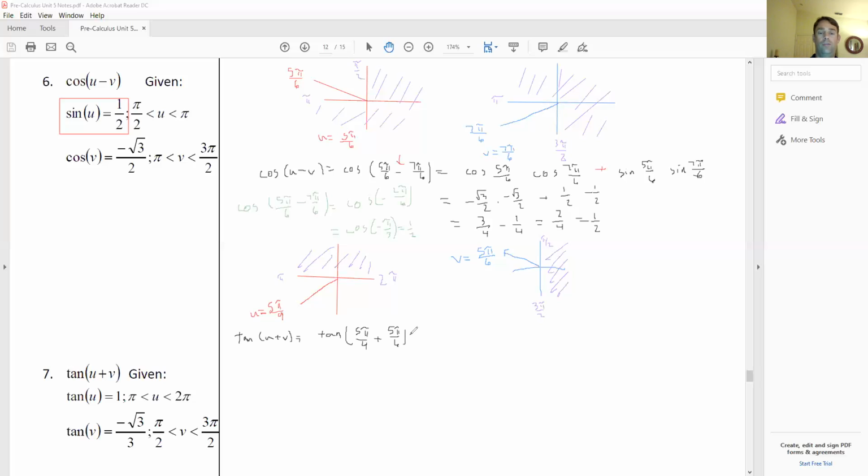So we're going to do our tan sum formulas with those. So tangent of 5 pi over 4 plus tangent of 5 pi over 6, all over 1 minus tangent of 5 pi over 4 and tangent of 5 pi over 6.